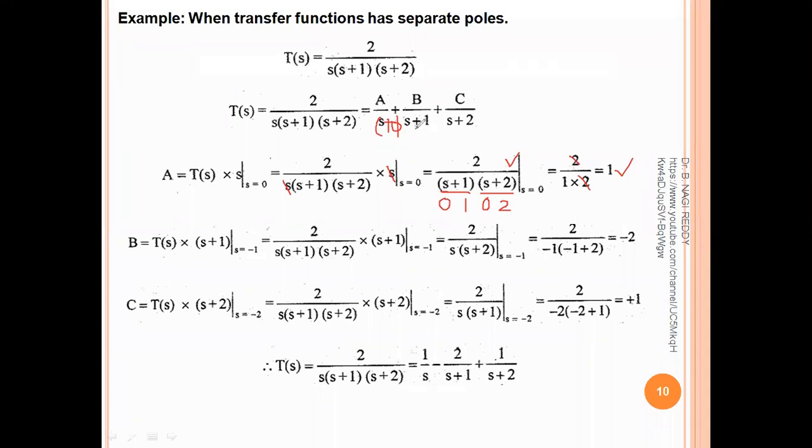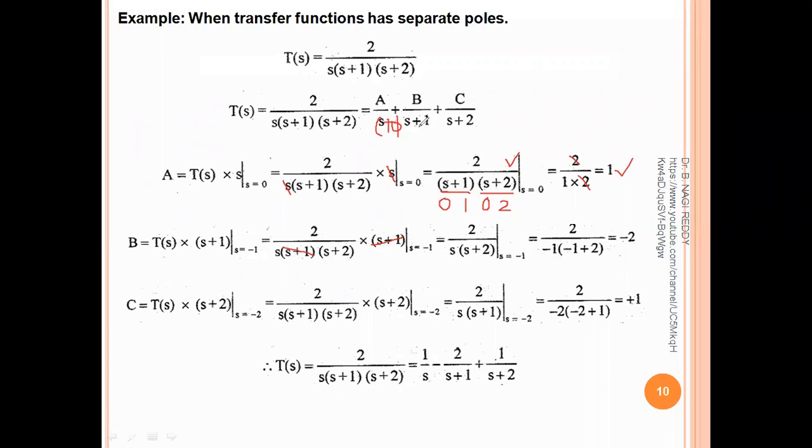In order to determine B, we multiply S plus 1 with the given transfer function. Now you can see S plus 1 here and also S plus 1 in the denominator, so cancel them out. What do we substitute in the place of S?